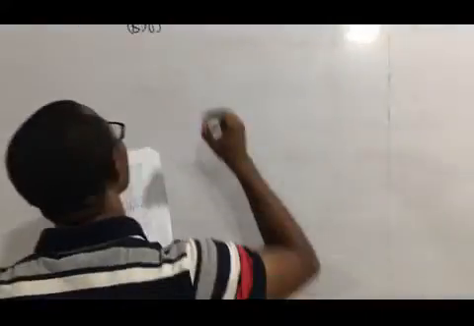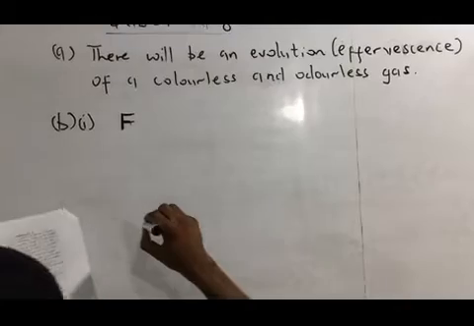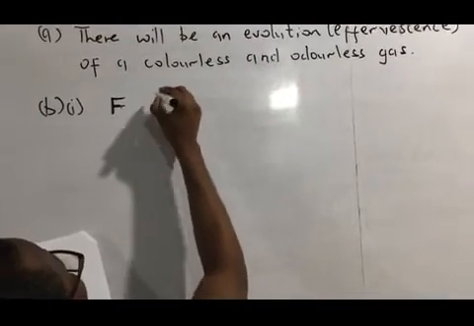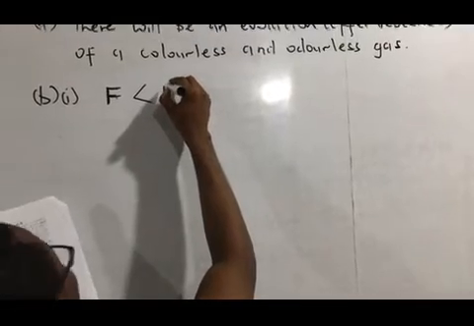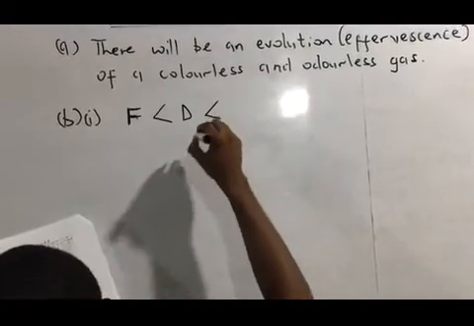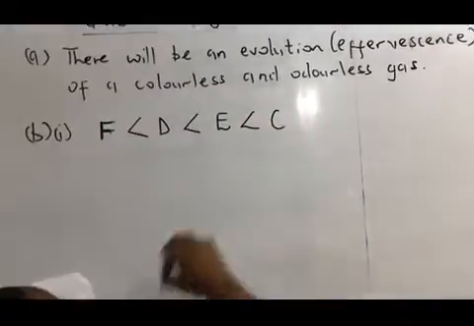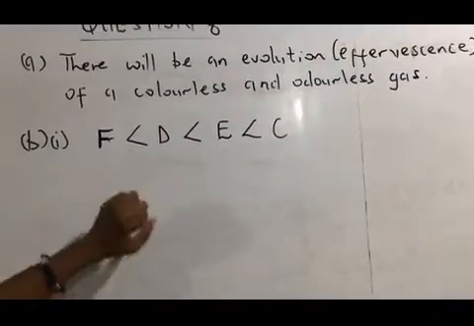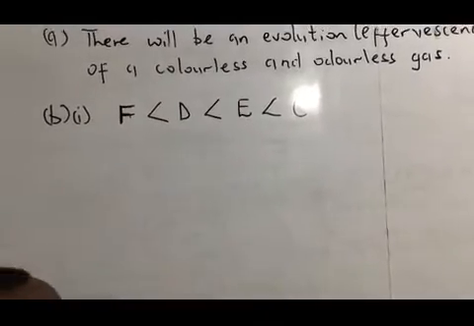So the question is asking us to arrange in increasing reactivity. So we start from the lowest to the highest. It means that F will record the lowest reactivity, followed by D, followed by E, and then C. Have in mind, whenever you are arranging from lowest to highest, you make use of the less than sign.